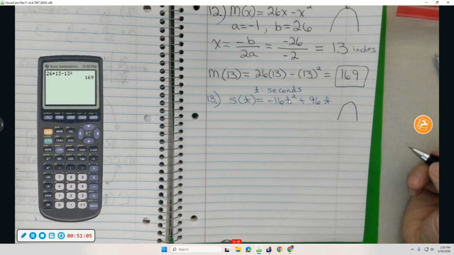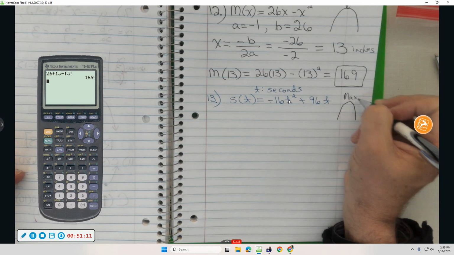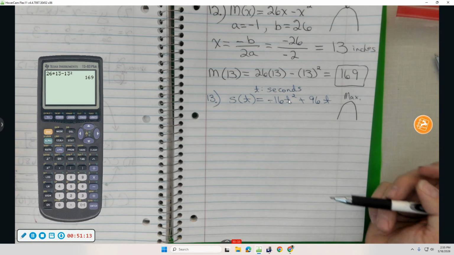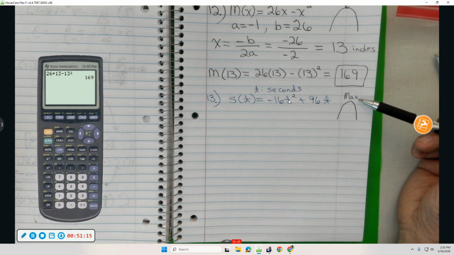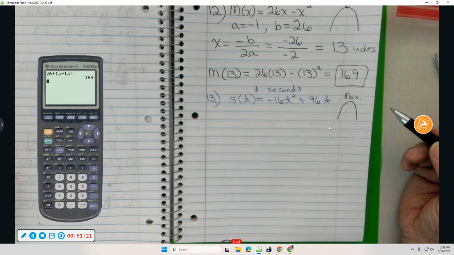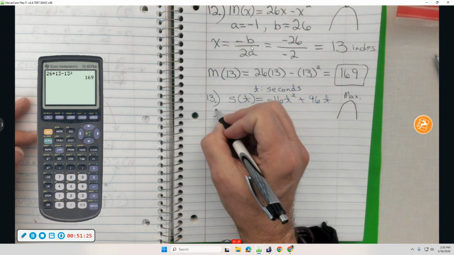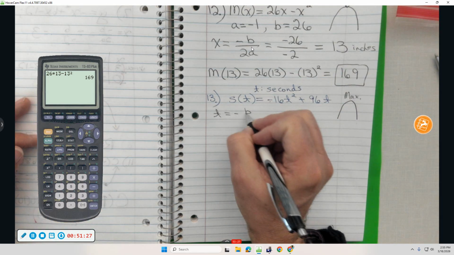If it's opening downward, do we have a maximum or a minimum? A maximum, and that's what they asked for. They better have asked for a maximum because the parabola opening downward, that's what we can find. Instead of using the vertex x equals minus b over 2a, we'll use t equals minus b over 2a.